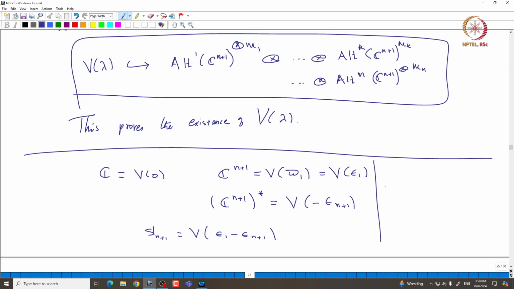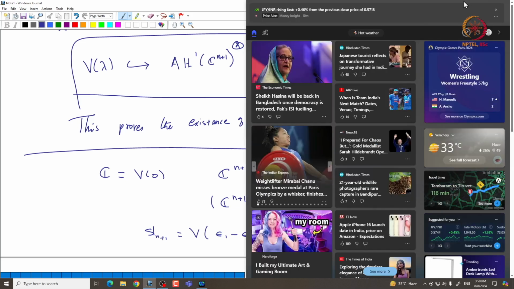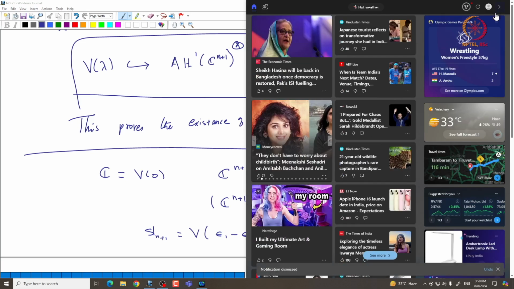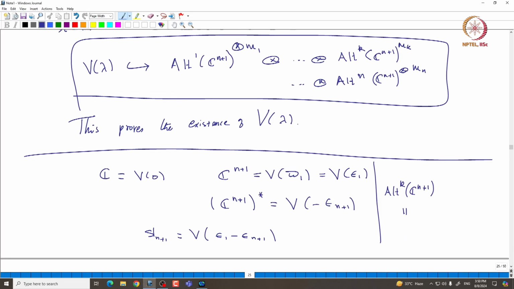Now if you take alt k C n plus 1, in terms of the epsilon a basis, then this is exactly equal to V of epsilon 1 plus etcetera plus epsilon k, which is the same as an sl n module V of omega k.